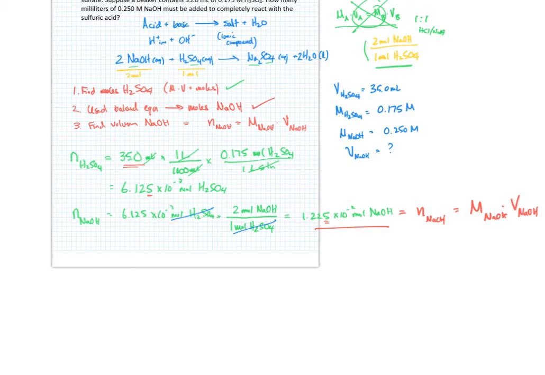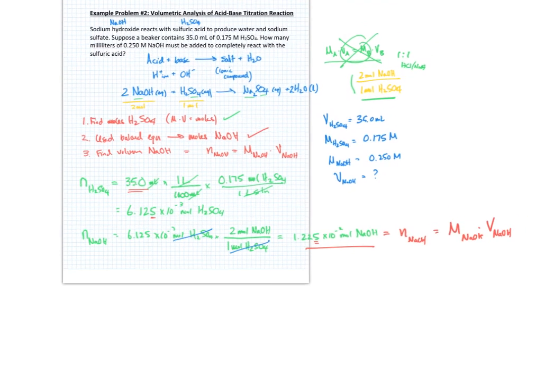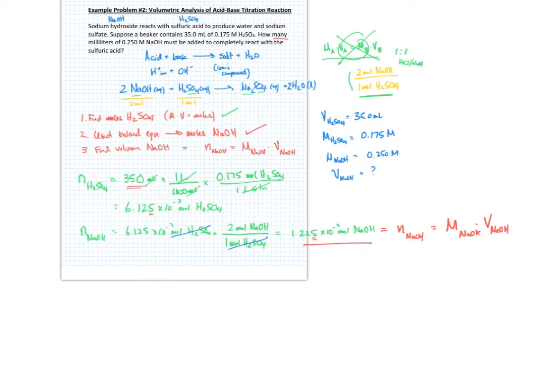So we go back and look in the problem, and we recognize that I'm looking for how many milliliters, so I'm looking for volume. I don't know this one, so I'm going to rearrange this equation. V of NaOH is going to equal n, little n, NaOH number of moles, divided by molarity, NaOH. Okay, so then it's a simple math problem now.